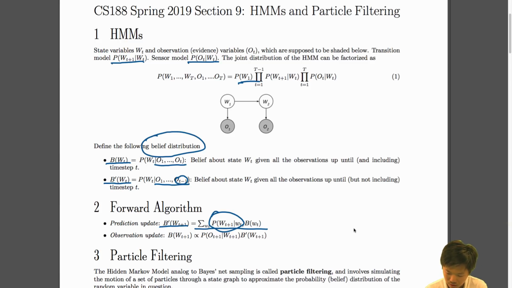Once we have that, we're going to perform something called the observation update.